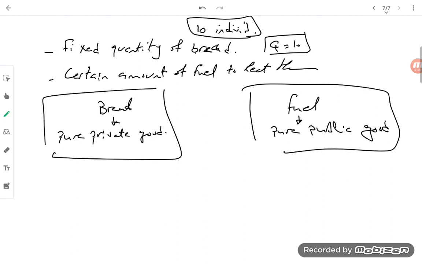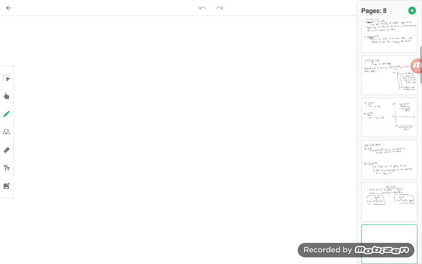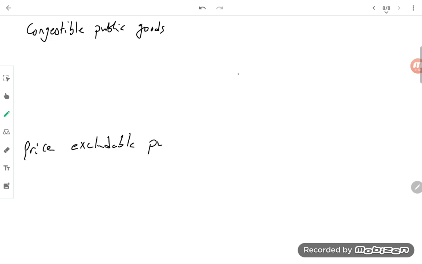There are two additional types of public goods: congestible public goods and price excludable public goods. We can call both of them quasi-public goods.